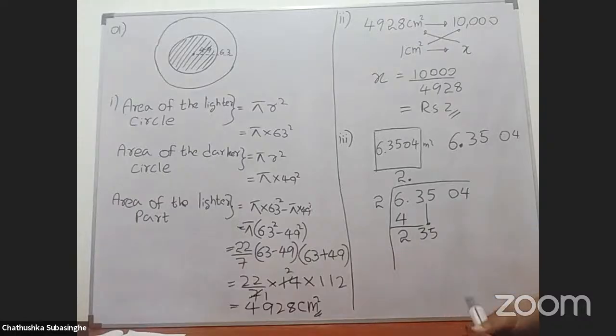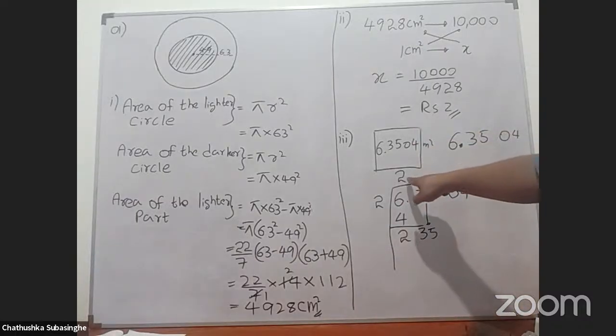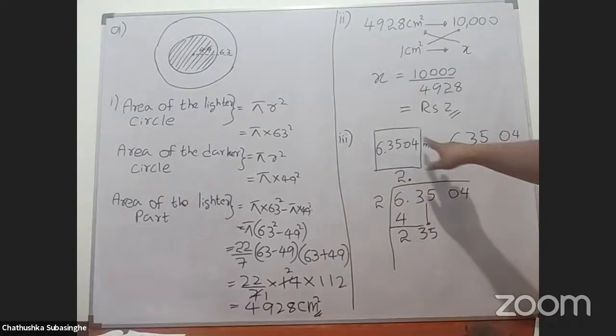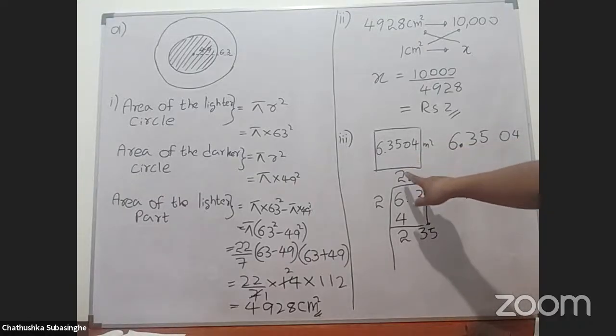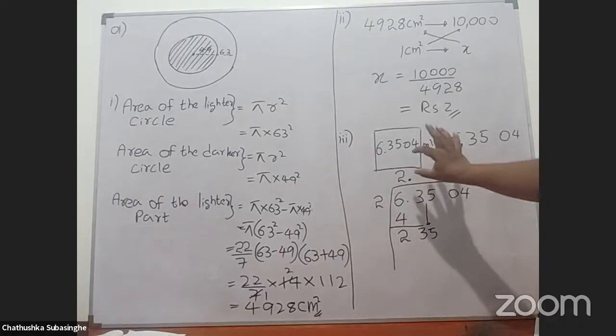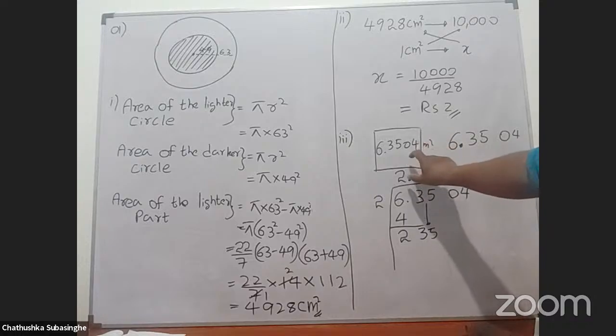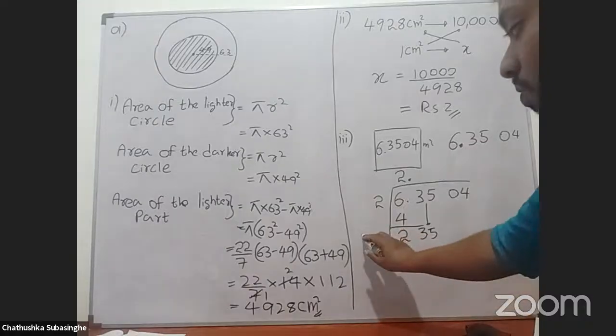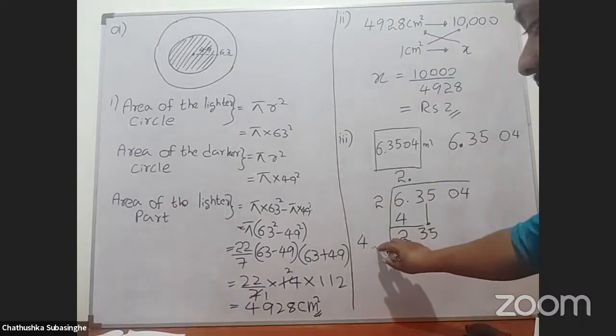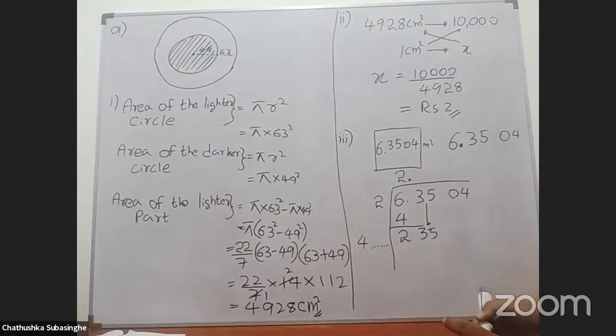Now whatever number we have in the quotient, the number over here, we have to multiply it by 2. So 2 times 2 is 4. And there's a space.